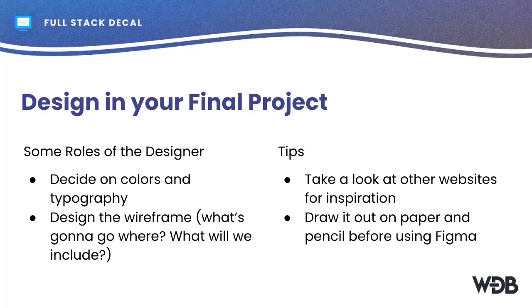So in your final project, there is a design element that will be graded. And I know that the roles are being spread apart among different developers, like front and back end, which is great. So some things that you can do to up your design, and that are kind of necessary within your final project, are to decide on colors and typography.